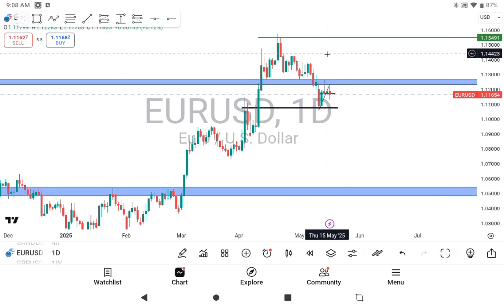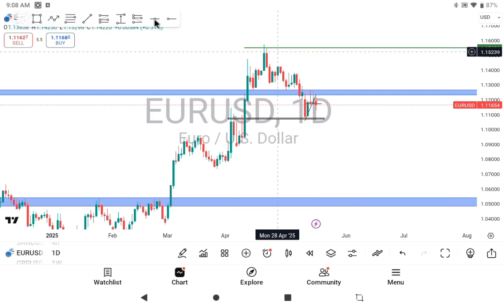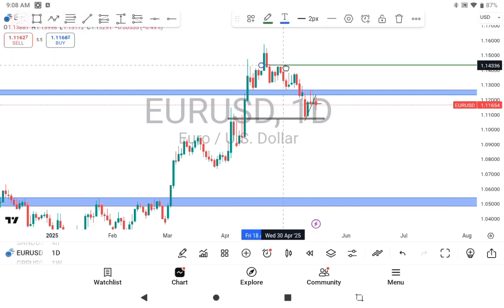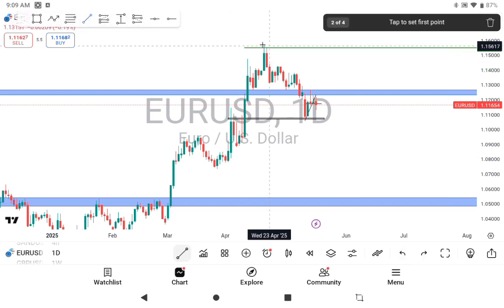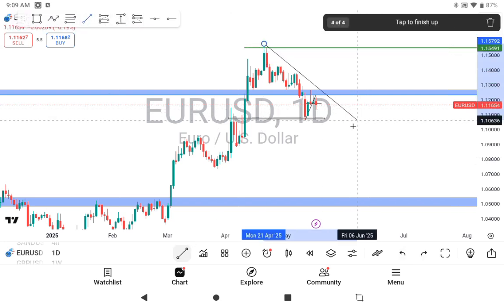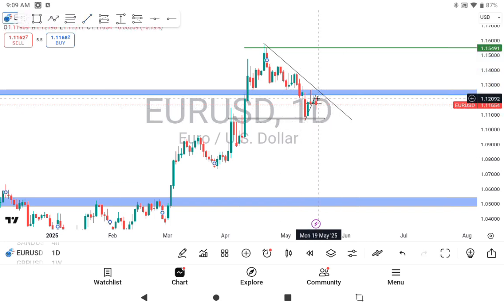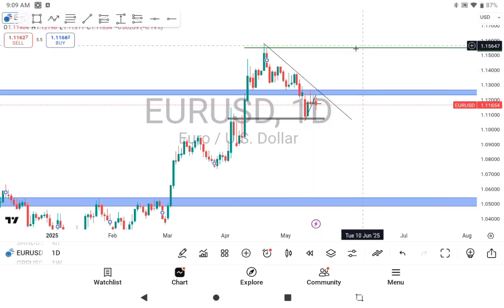Also, if we look at this properly, we can see that this is a setup for a buy opportunity to come attempt this green bar.